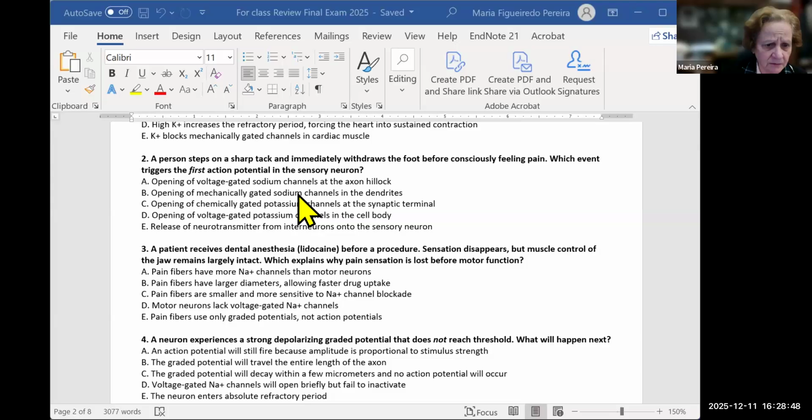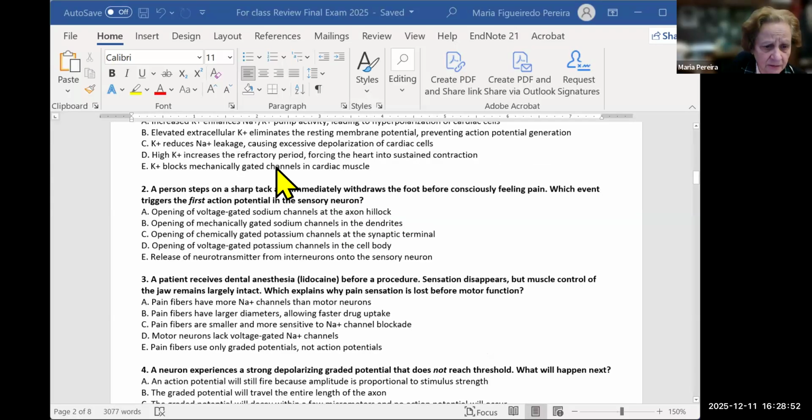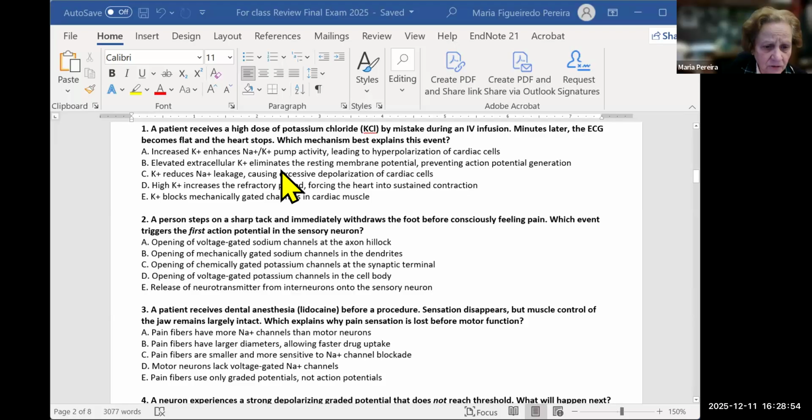So what happens here is if you have too much potassium on the outside, then you cannot have that difference. Remember, when the neuron is resting, there's a lot of sodium outside, which makes it positive. And there's more potassium inside, but there are proteins and phosphates, so it's negative inside.